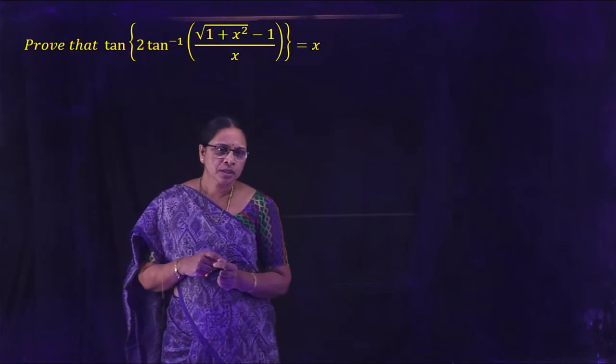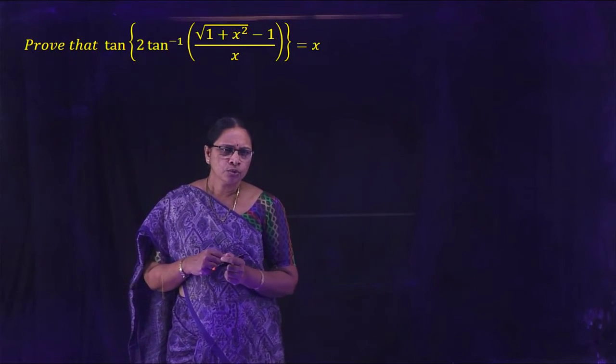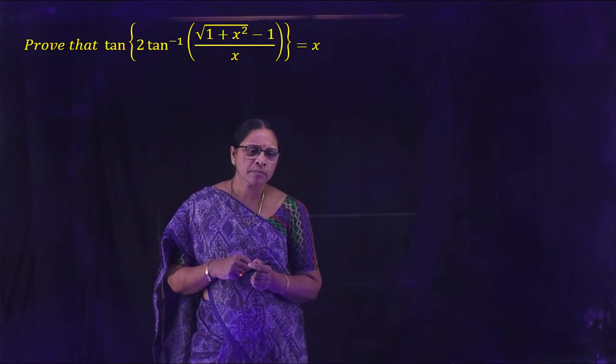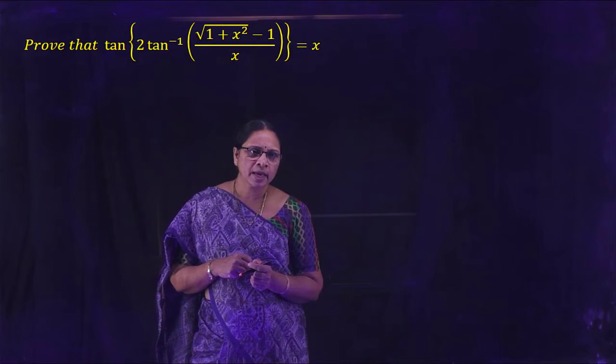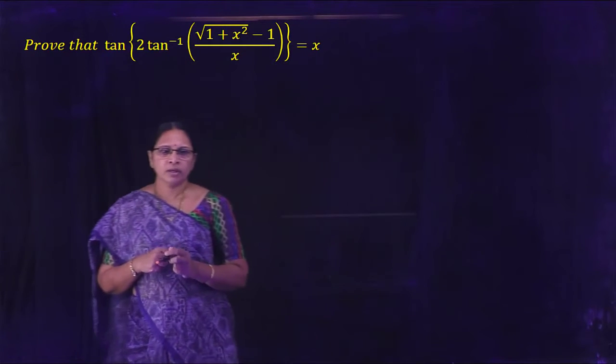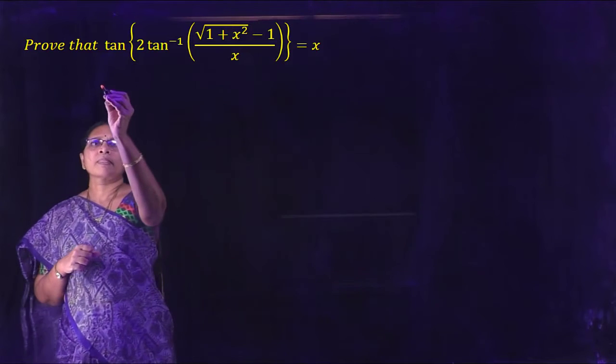Prove that tan of 2 tan inverse of root of 1 plus x square minus 1 whole by x equal to x. Take LHS.